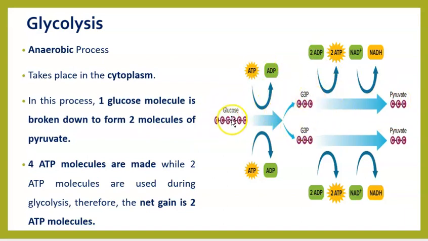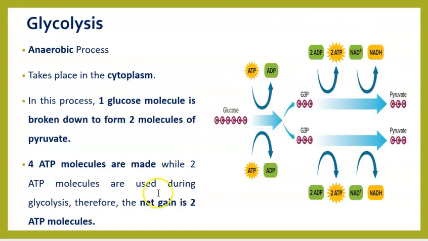We are just interested in the reactant and the product. When you break this glucose, you get 3 carbons here and 3 carbons here. So you get 2 molecules of pyruvate, 6 carbons in total. From 1 molecule of glucose, you get 2 molecules of pyruvate after the whole cycle of glycolysis.